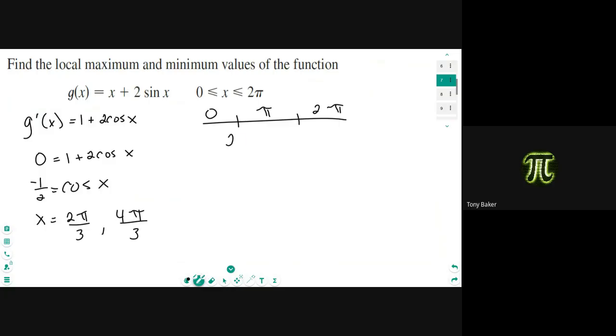Doesn't change my other stuff, which is good. I didn't feel like doing more complicated problems. Yeah, you're right. So 1 positive.